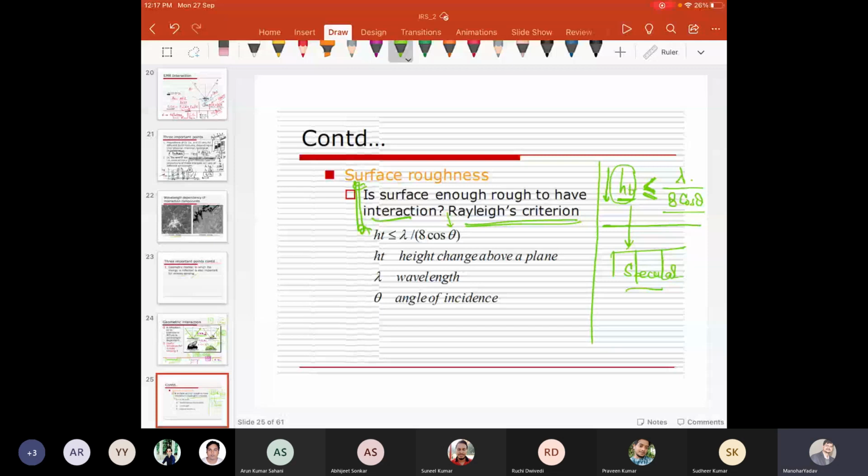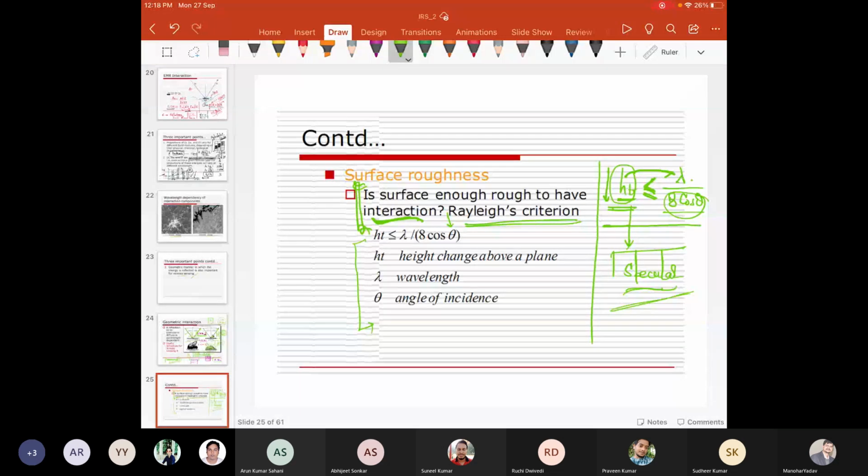So if h is less than lambda, it means we compare, let's say this is a constant over here, and we can say h is less than the wavelength. So the wavelength is high; compared to roughness, it will support a specular reflectance.